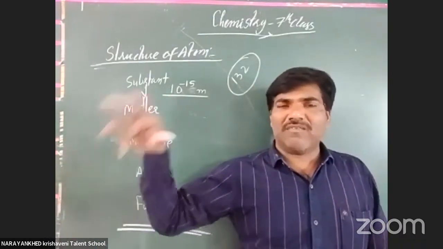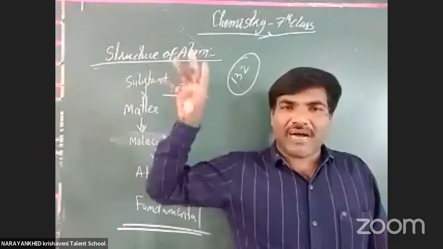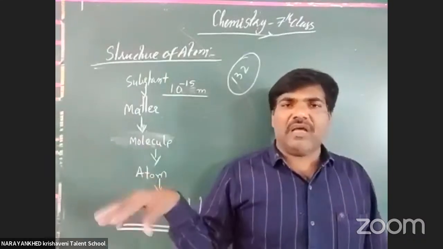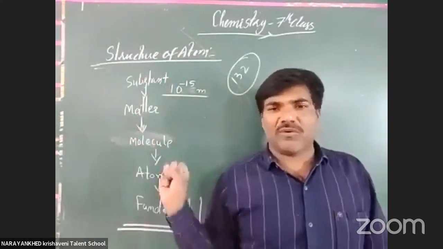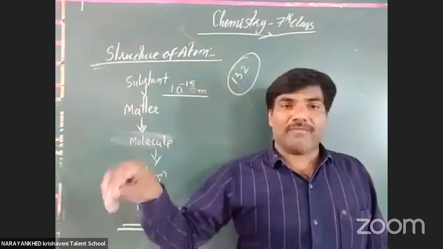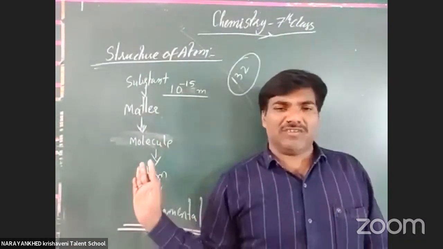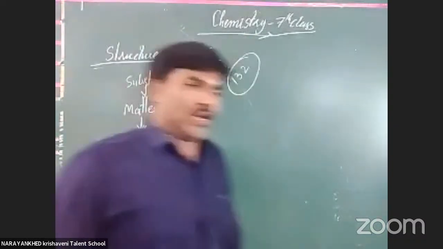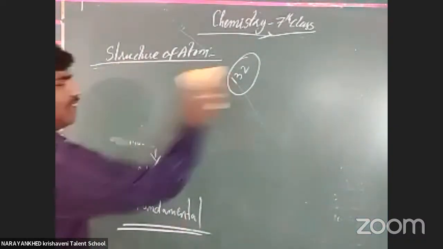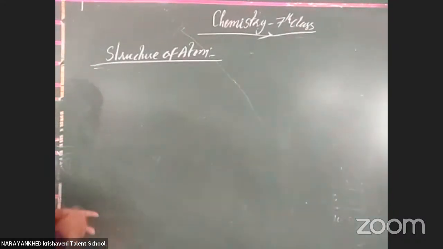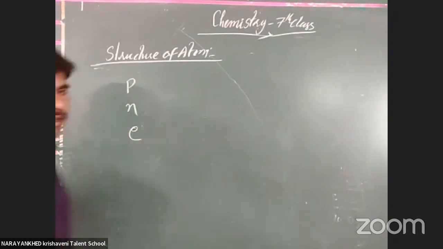But wherever you consider the nitrogen atom, it looks alike, and wherever you consider the hydrogen atom, it looks alike. But inside the atom, some fundamental particles are there, and they do not change their nature. What are those fundamental particles? The fundamental particles, mainly we consider 3. They are called proton, neutron, and the electron.